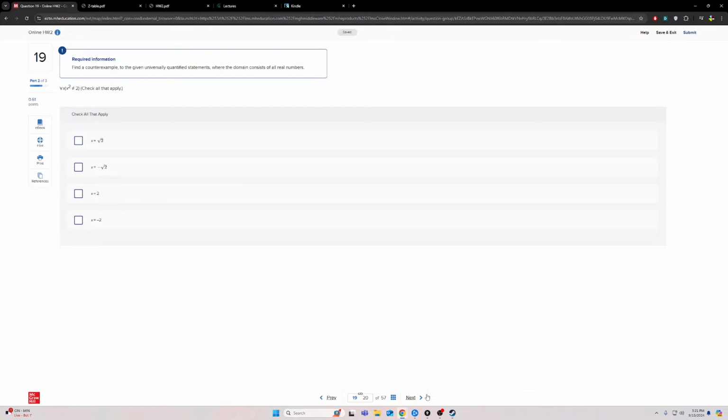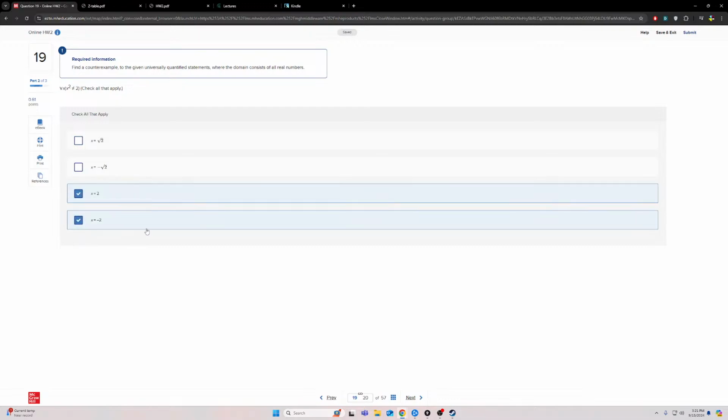Find a counterexample. Domain consists of all real numbers. Okay, so it's different because instead of itself, it's just saying 2. So it can't be the square root of 2. It can't be the negative square root of 2. It can be literally anything else, though.